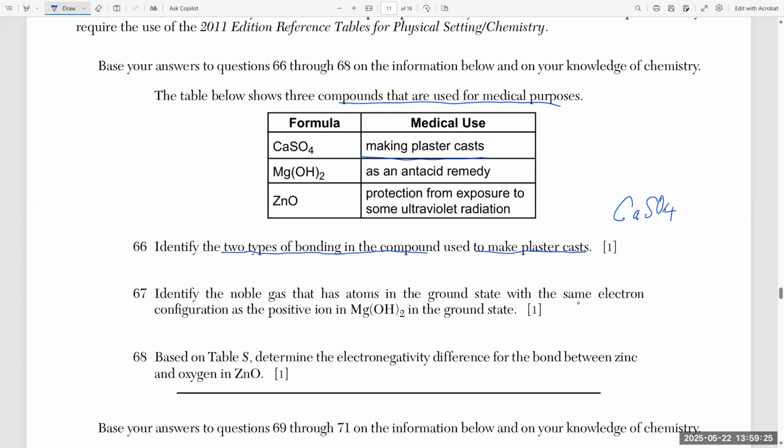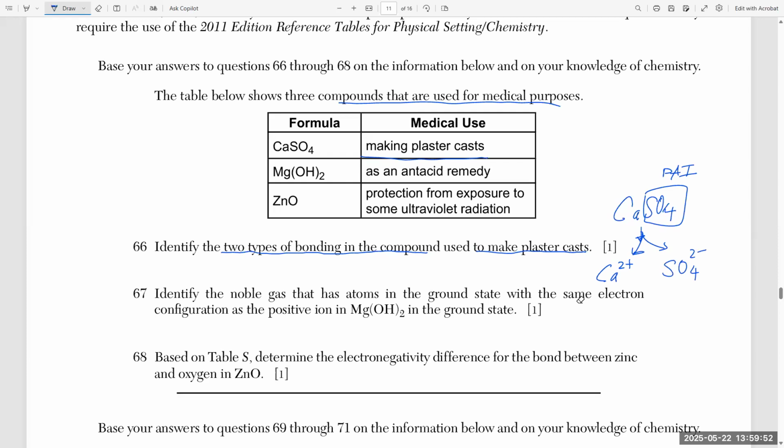Now, I know we just got reminded this like last 2 days, but what do we know about this? We know that calcium sulfate is a polyatomic ion, right? So we know that this can dissociate into calcium 2 plus and sulfate 2 minus, right?